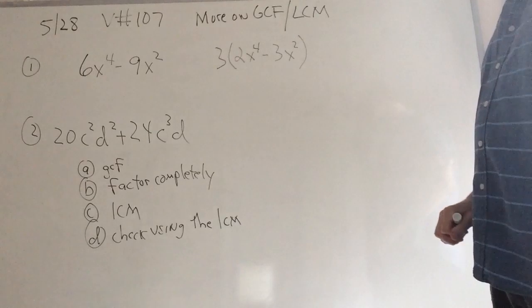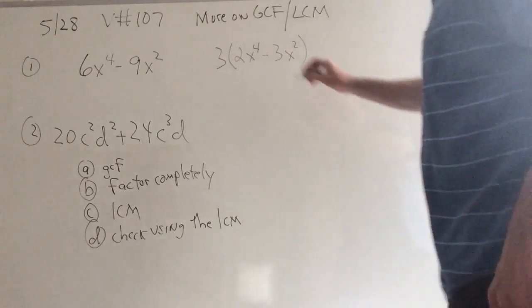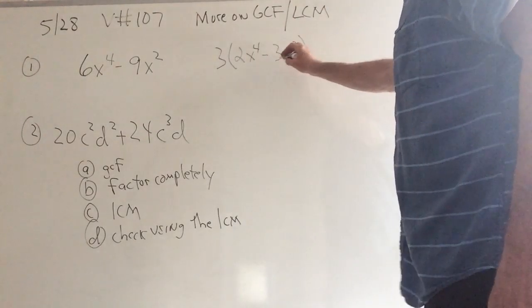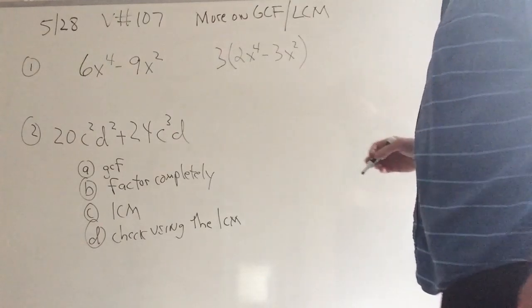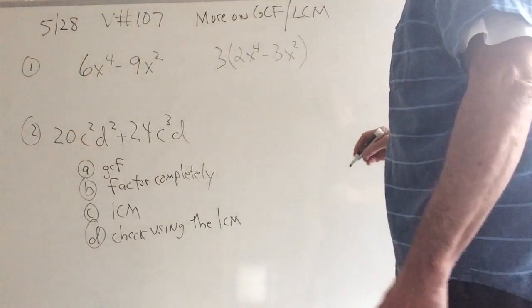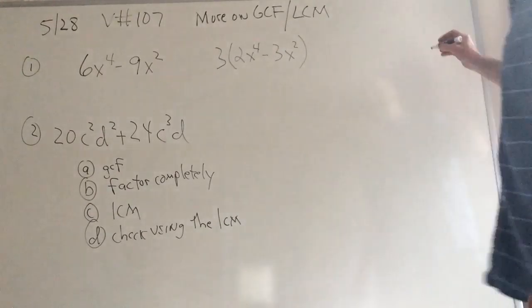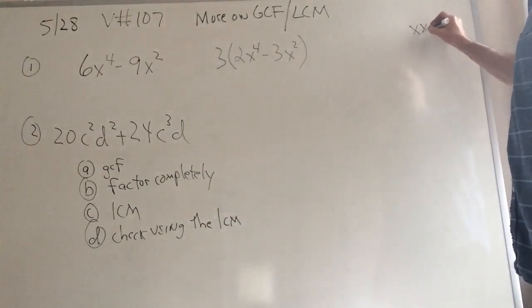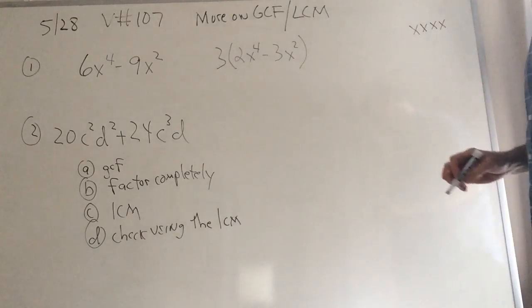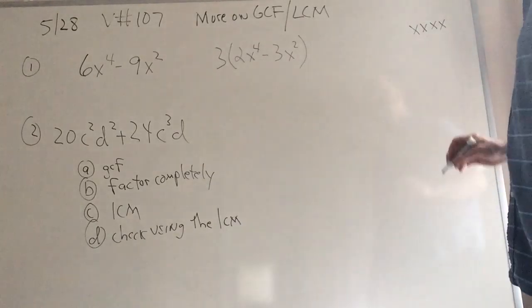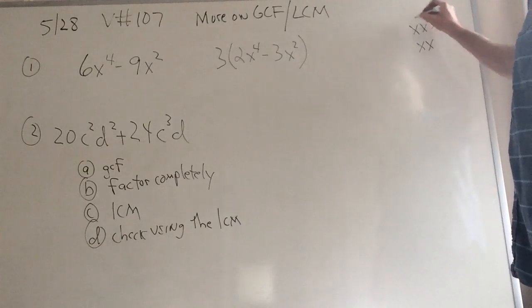But this isn't completely factored. We decided already 2x to the fourth and 3x squared are not coprime, so it's not factored completely. So I'll make a little note here for the weaker students. What is x squared? Well, it's just x times itself 2 times. We learned that in 8th grade. What's x squared? You well know, right?